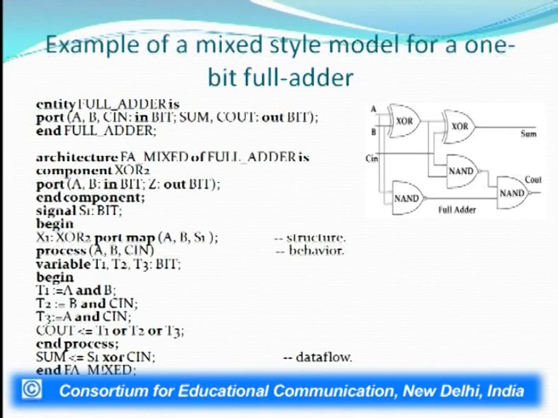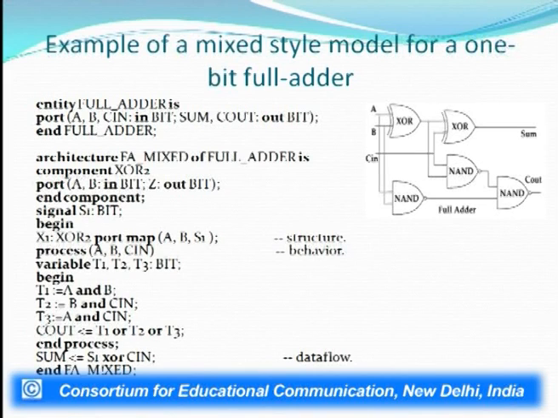I give a name FA_mixed for full adder is. Now here, component XOR2 is being called twice, but the component declaration has to be done only once. It can later be called twice by introducing 2 instances like I mentioned before. If you can see, intermediately the first XOR is producing an output which is going into the second XOR.